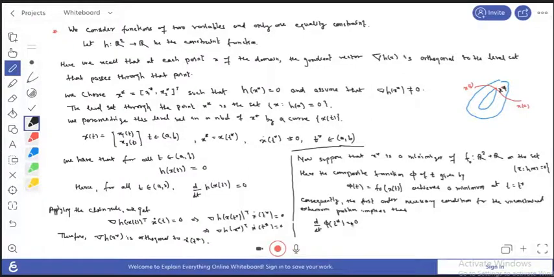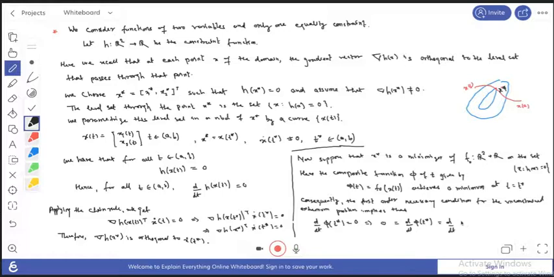Okay, so by applying the chain rule, this implies that 0 equals d by dt of phi at t star, because this is your minimum. So what is the value of d by dt of phi of t star? What is the definition of phi t? Phi t is f naught of x(t).